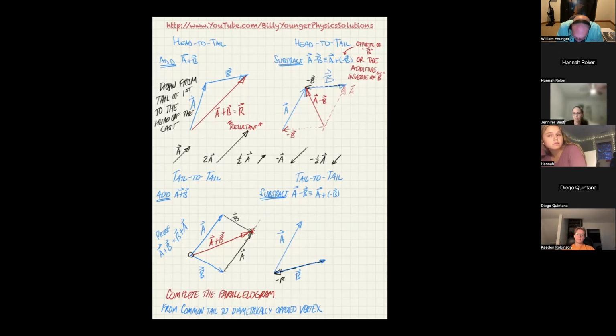And now I've got negative B. But look, by doing that, I end up putting A and B in head to tail configuration. So I can easily draw A minus B.